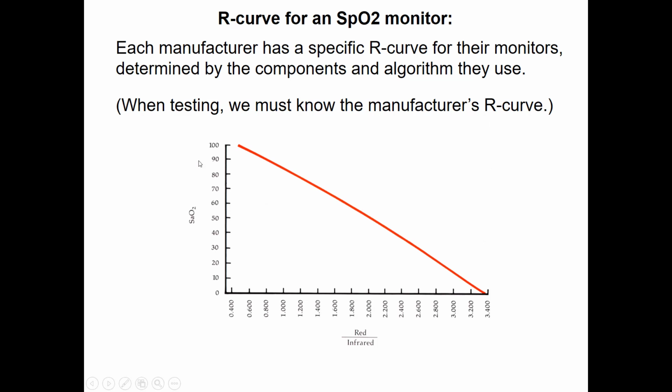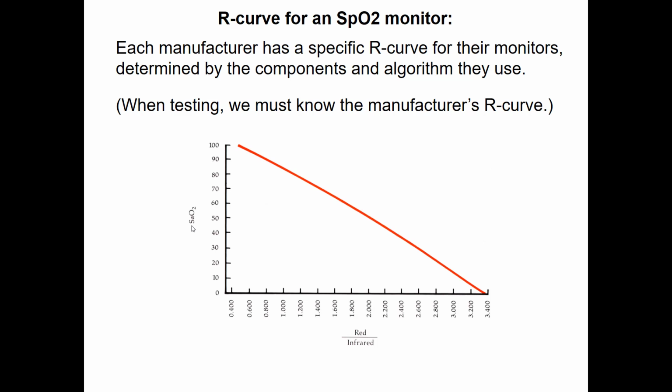This method has better accuracy because, as we said, hemoglobin has four different forms: oxyhemoglobin, deoxyhemoglobin, methemoglobin, and carboxyhemoglobin. The last two types are not measured using the Beer-Lambert law in the first method, so this results in a little bit of inaccuracy.